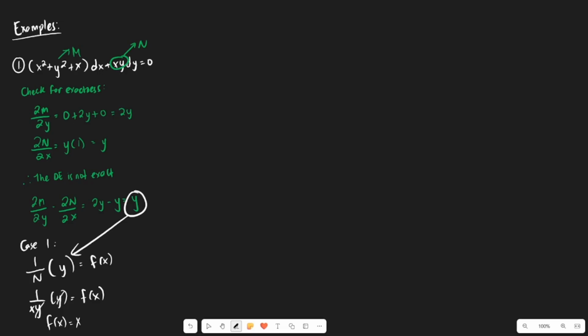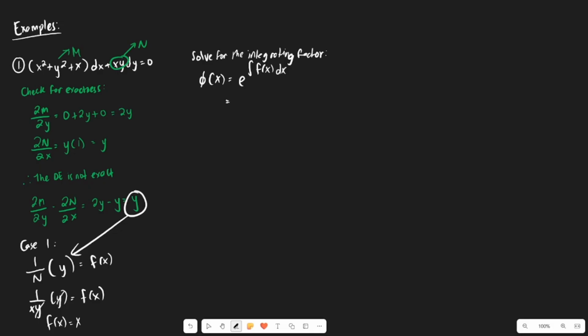Now the next step would be to solve for the integrating factor. So the integrating factor, for case 1, is phi of x. So phi of x is e raised to the integral of f of x dx.